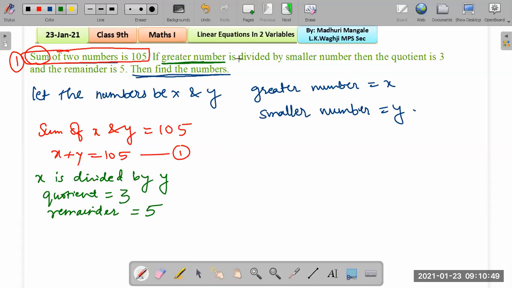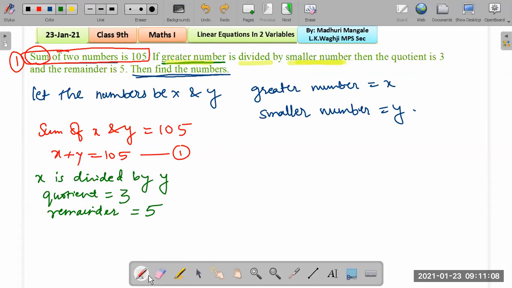Just look at the question once again. The greater number is divided by the smaller number, and the quotient is 3 and the remainder is 5.